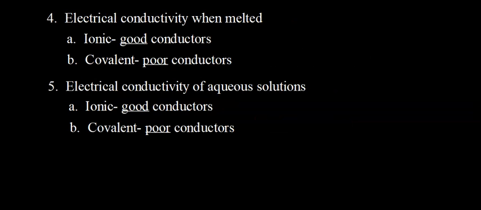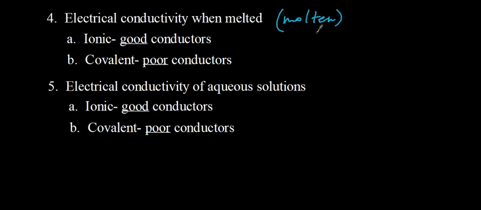Next up, we have electrical conductivity. We'll start with the substance when melted. There's a name for that. When you have a solid that exists as a liquid, it's called molten. So molten ionic compounds are good conductors of electricity.